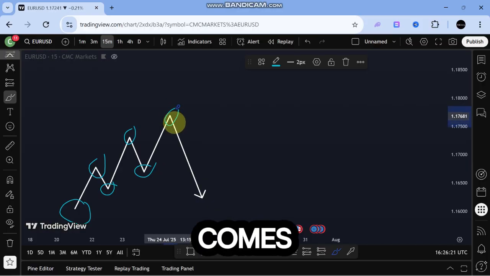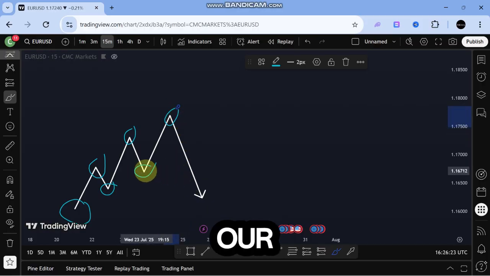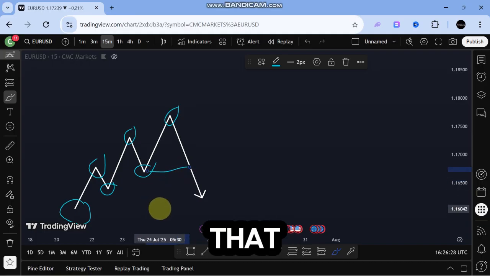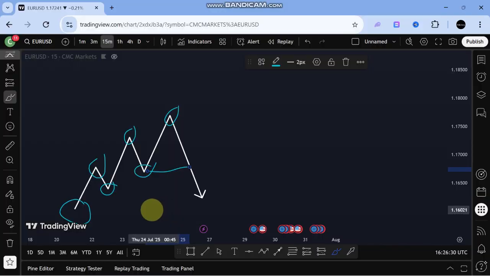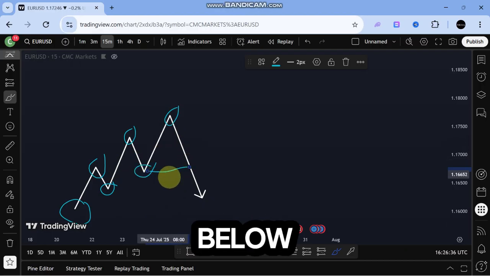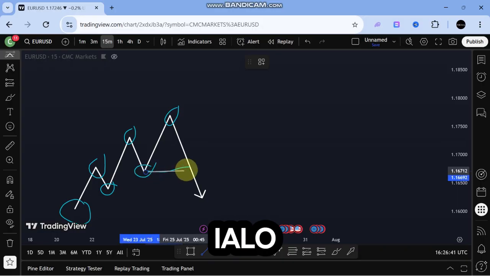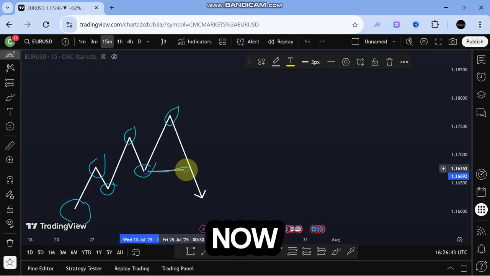If price comes and goes below our previous higher low, it shows that the market is changing direction from being in an uptrend to a downtrend. So if price goes below our previous higher low, it means that we are now in a downtrend.